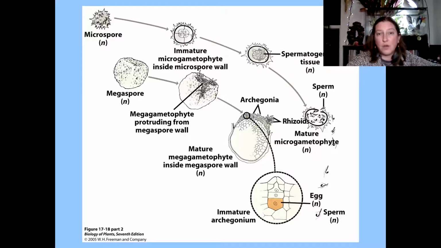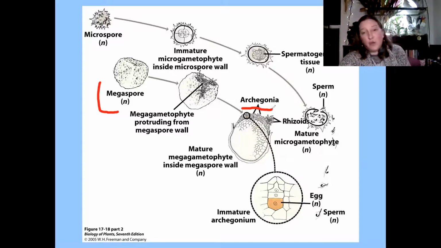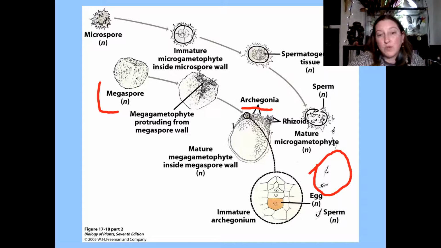And here you go, single antheridium inside, eventually going to make sperm, right? Which will leave. Inside of that megaspore is the female gametophyte plant. She sticks out a little bit, but basically stays inside of the megaspore wall. On that female gametophyte plant are many archegonia that each have an egg, right? Eventually, sperm will swim, fertilize the egg.